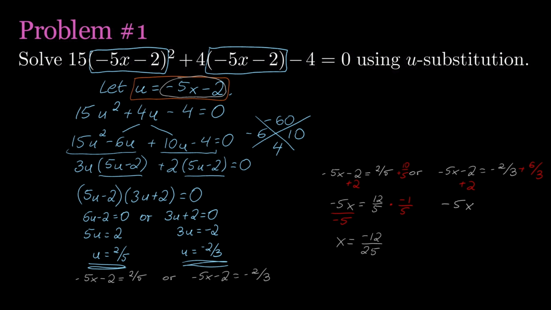That leads to negative 5x equals 4/3. And then again, we divide both sides by negative 5, or in other words, multiply by negative 1/5. So that will give us x equals negative 4/15.